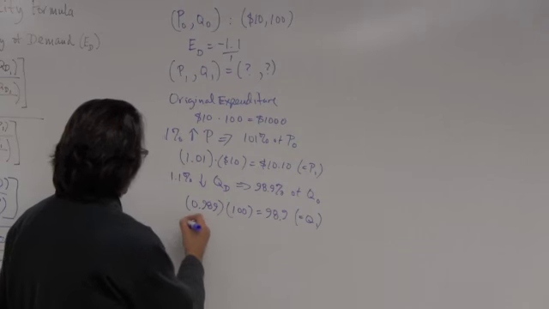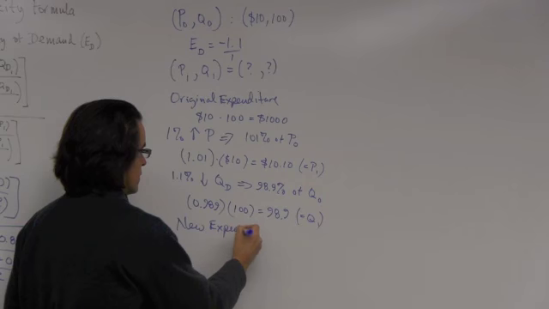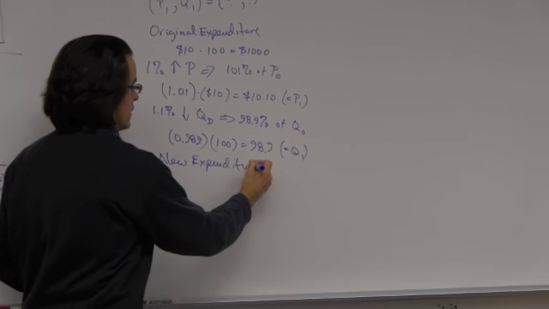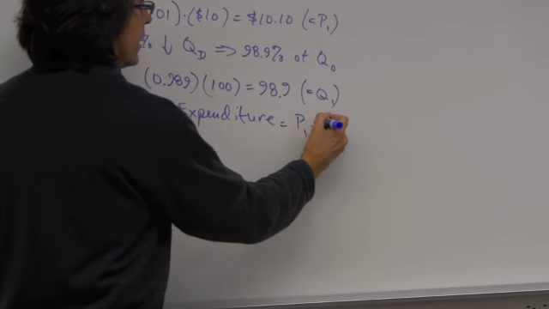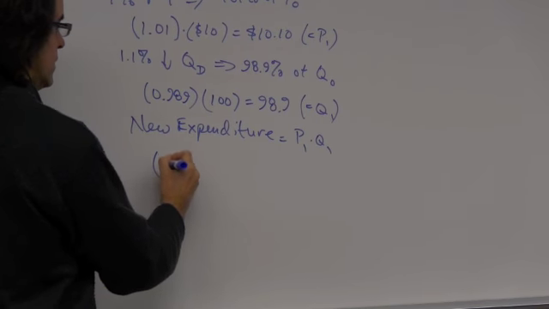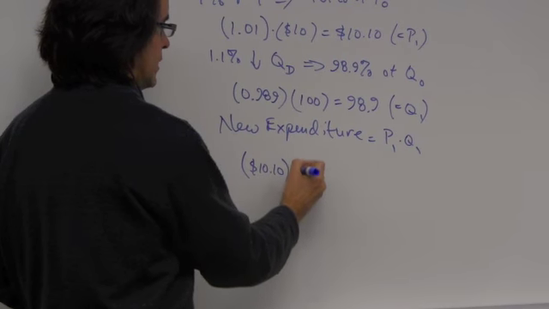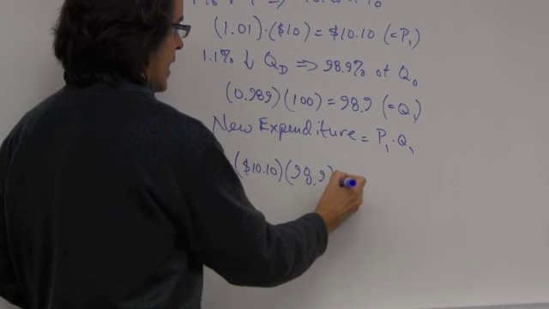And so we'll just calculate the new expenditure. So that's just the P1 times Q1. So our P1 is $10.10. Our new quantity is 98.9.